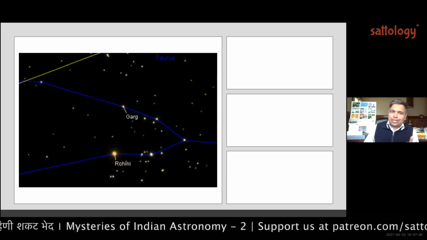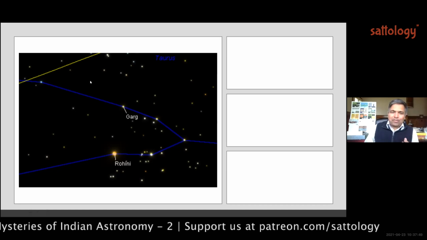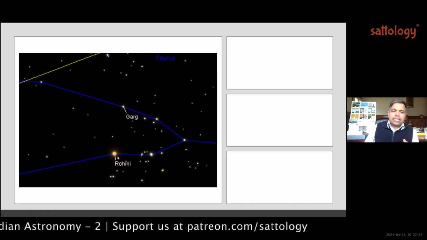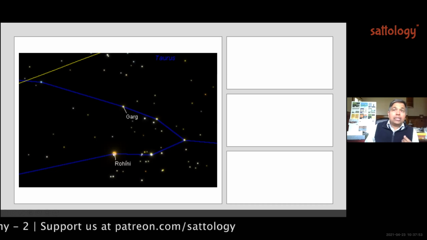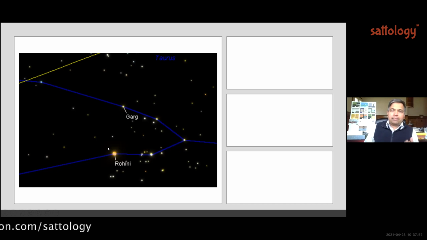These blue lines are of course not there in the sky; they are for our reference. This star is Aldebaran, an Arabic name that may mean different things, but in Indian astronomy it is called Rohini, like a red giant.